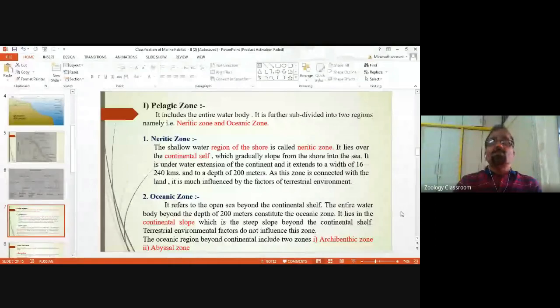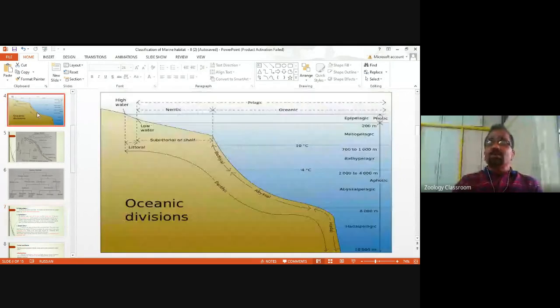The entire water body beyond the depth of 200 meters constitutes the oceanic zone, Mahasagar. It lies beyond the continental shelf, with a steep slope.